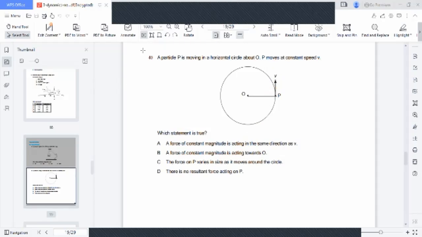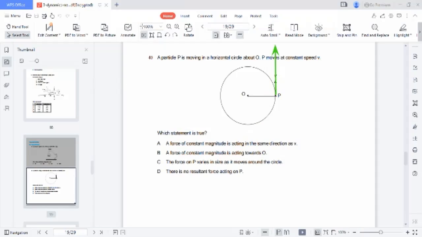In option A there is a force acting in this direction. In option 2 it states one is acting in this direction. The force on P varies in size as it moves around the circle. It means there is a varying force, maybe sometimes in this direction. There is no resultant force acting on P. This is the third option.